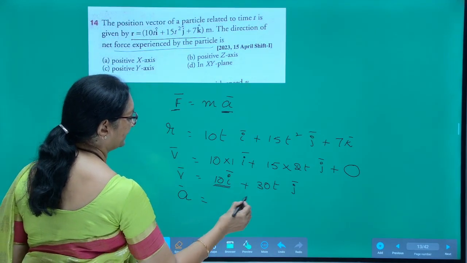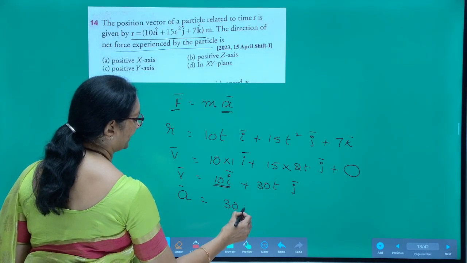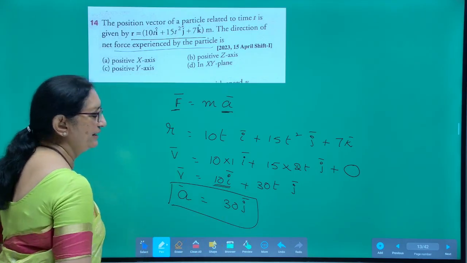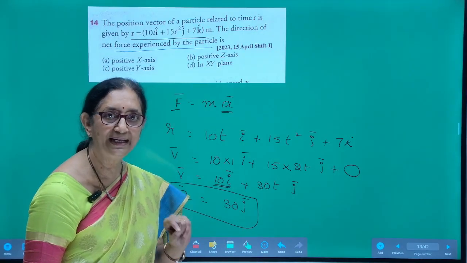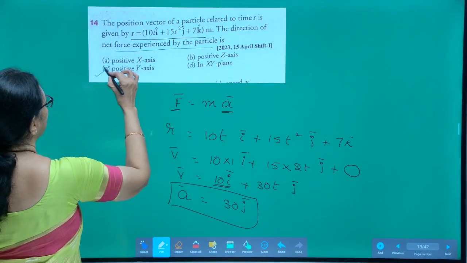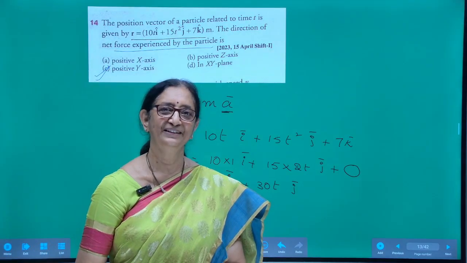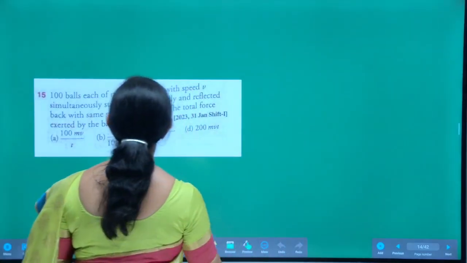Derivative of constant is 0, this is 30, derivative of t is 1, 30 j. So, acceleration is along j, that is positive y axis. Hence, force is along positive y axis. That is the correct answer for that problem. Now, let us move on to the next problem.